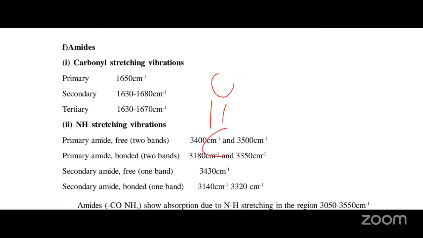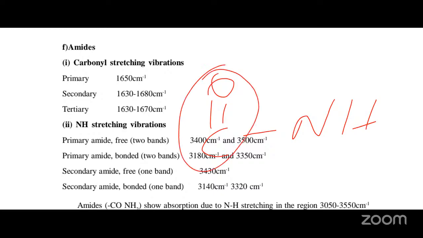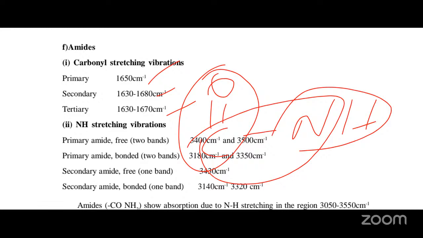So we have the carbonyl and CN. The primary amide carbonyl appears at 1650, secondary is 1630 to 1680, and tertiary is 1630 to 1670. And the NH stretching frequency we also have.